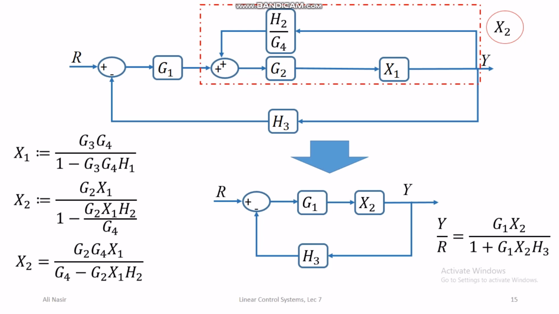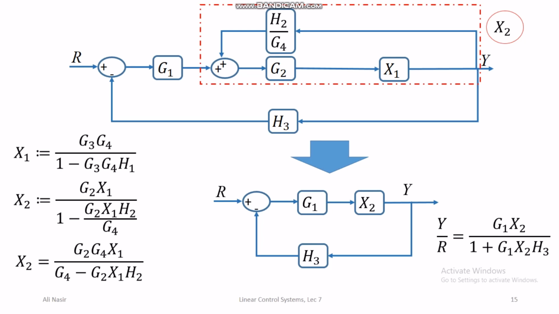So finally, after certain simplifications, we have successfully calculated the transfer function between y and r. But we are not done yet because this transfer function is in terms of x2, and x2 is in itself a function of x1, and x1 also has its own expression that you can see on the left hand side of the slide.